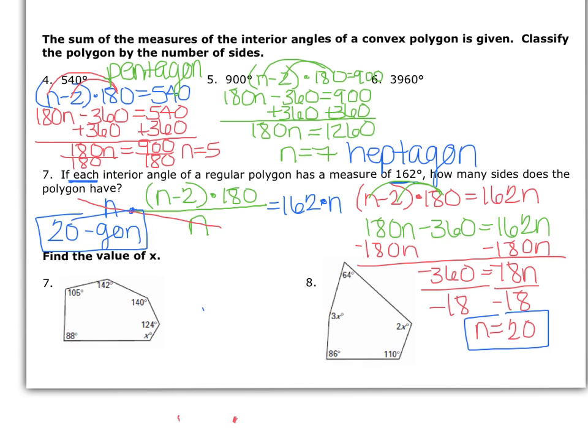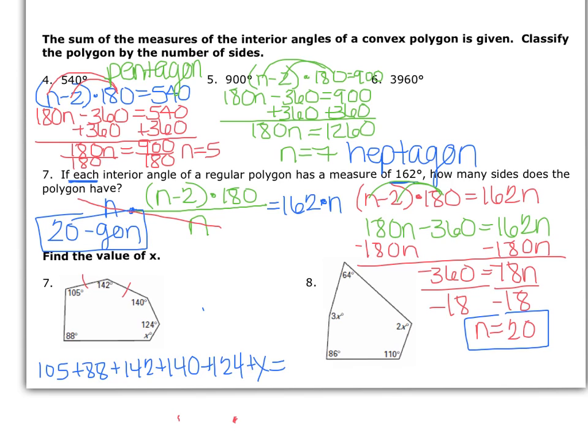All right, now we're going to find the value of x. So here we go again. Remember, you're an equation creator. These are a couple of steps, because to solve for x here, we're going to have to add all of these up. So 105 plus 88 plus 142 plus 140 plus 124 plus x equals, well, we don't know how much all of that should equal because we haven't done n minus 2 times 180.